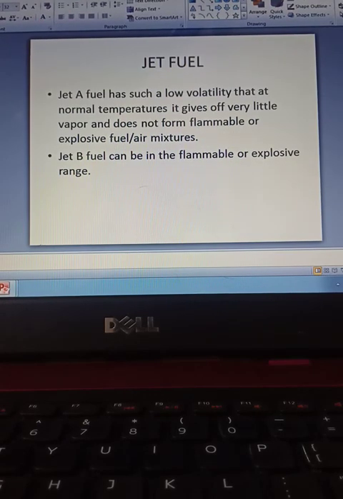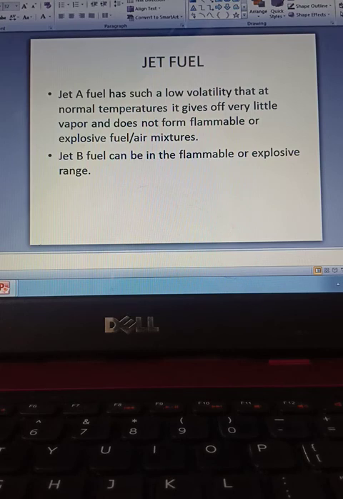So we will proceed. Jet fuel. We have two types of jet fuel, Jet A and Jet B types. By the way, jet fuel is colorless, so there is no color for identification.